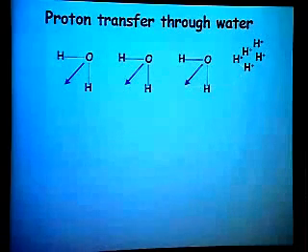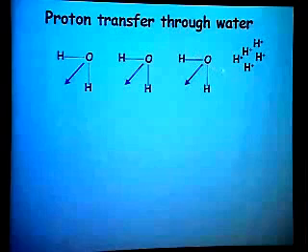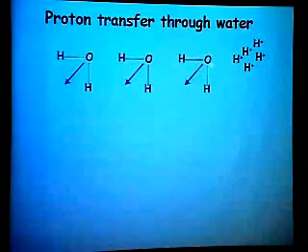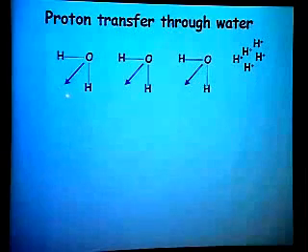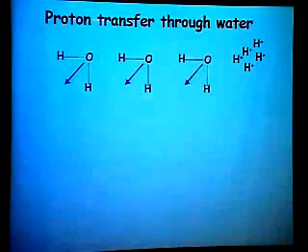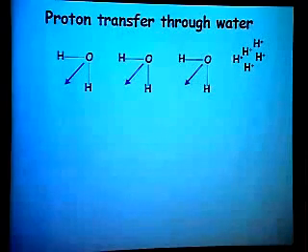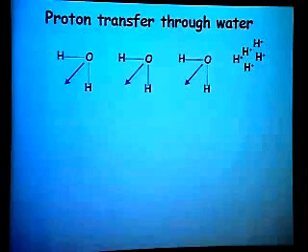Because we know, according to a mechanism which is known as the Grotthuss mechanism, that whenever you have a chain of water molecules, they can form a polarized chain of hydrogen-bonded water molecules that can be used for protons to be transported from one side to the other side.